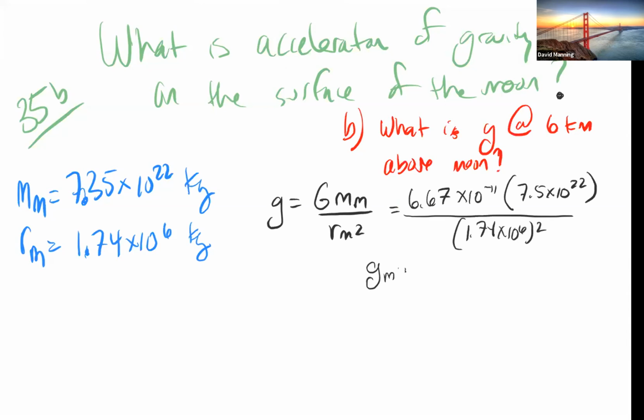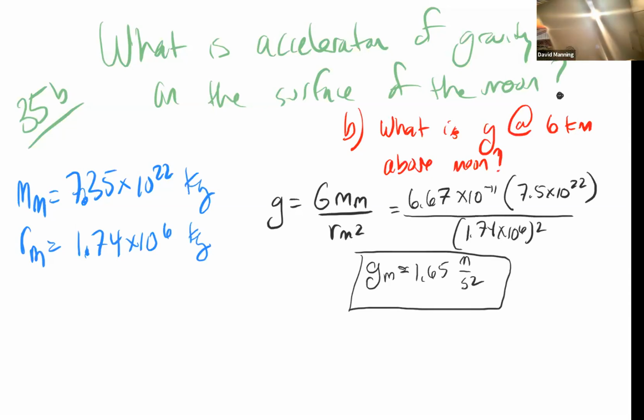Gravity on the moon, I think it's close to 1.67. I mean, that's usually what's generally accepted. 1.65 I got. Gravity of the moon equals 1.65 meters per second squared.